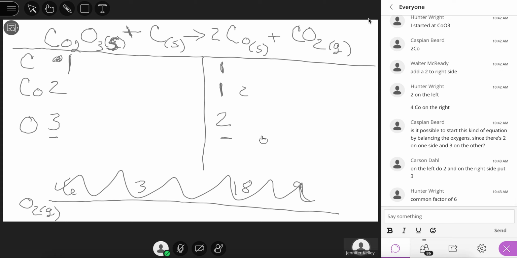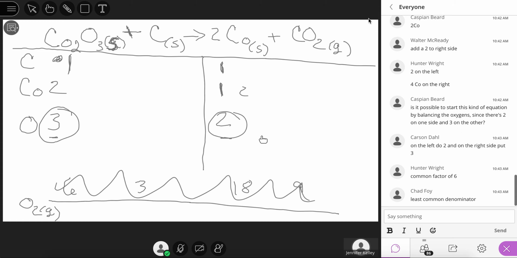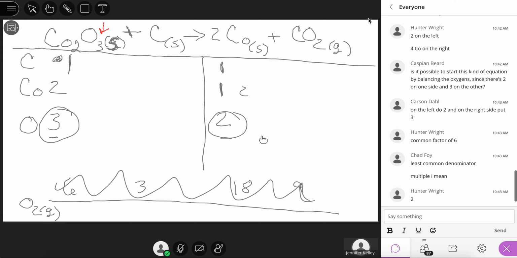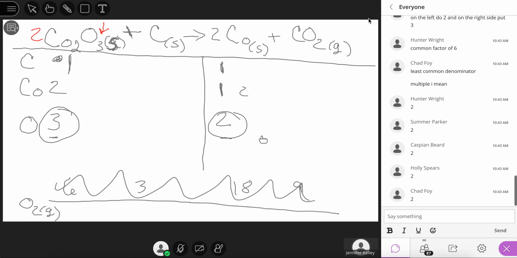What we're going to do, the 3 here and the 2 here, we're going to look for the lowest common multiple. So I can go 3, 6. 6 is divisible by both of them, right? So I'm going to try to make 6 on both sides. On this side, I have a 3. What do I multiply 3 by in order to get 6? 2, correct.